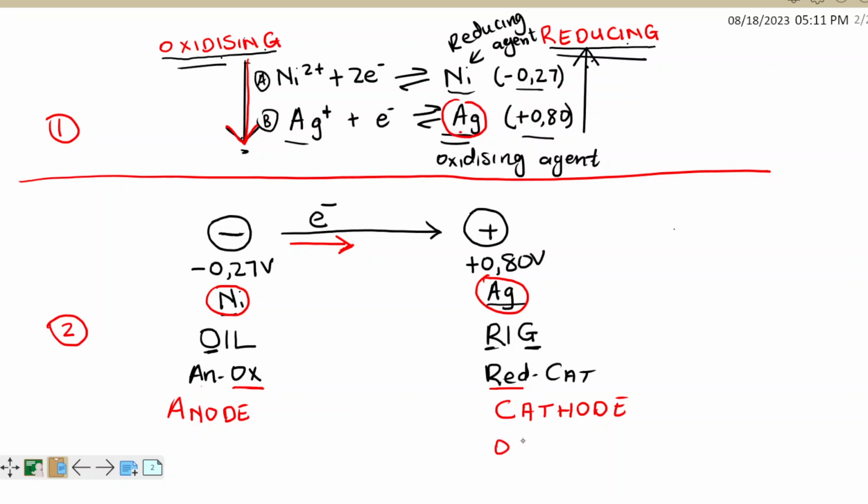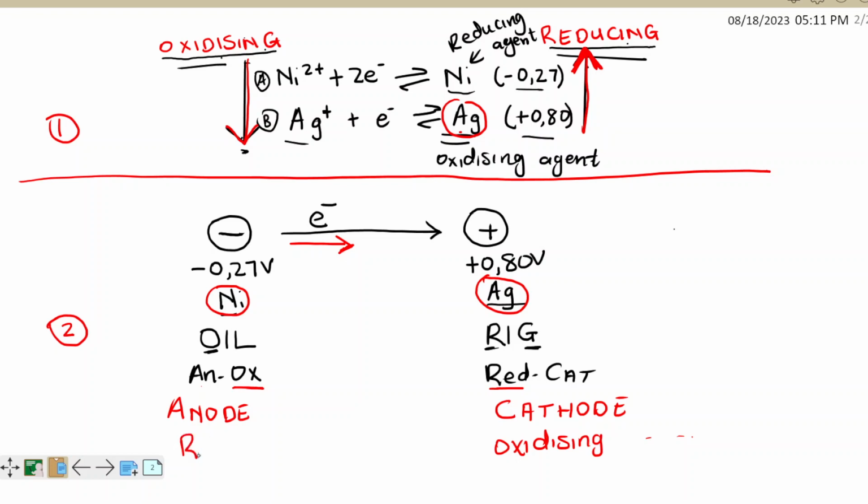Silver is the oxidizing agent because it is gaining electrons. Now, which one is the reducing agent? This arrow now that is on the right is pointing upwards. It's saying the one that is above must be a stronger reducing agent, which is nickel in this case.